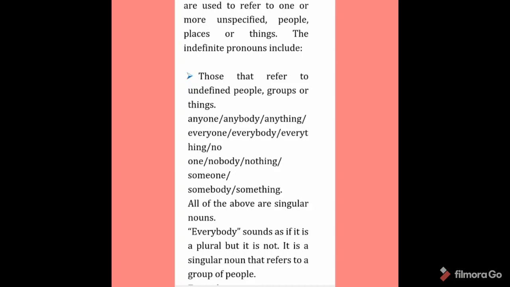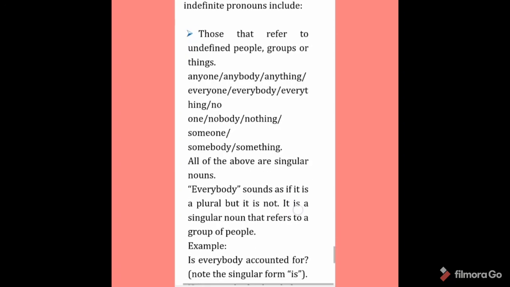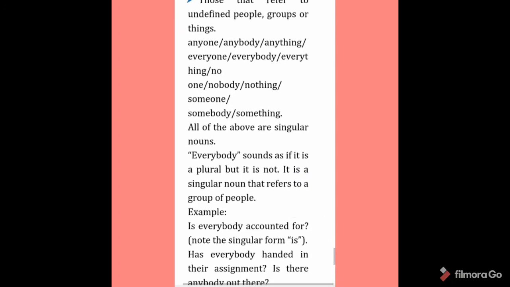All of the above are singular, which means that if any of the above is used in a sentence, it is used in a singular capacity, and the form of verb which is used is for singular.